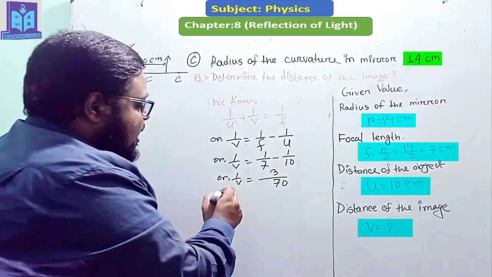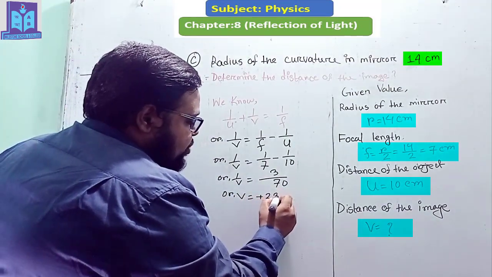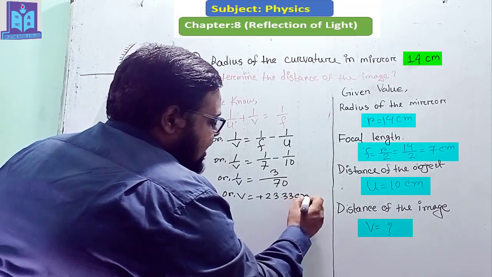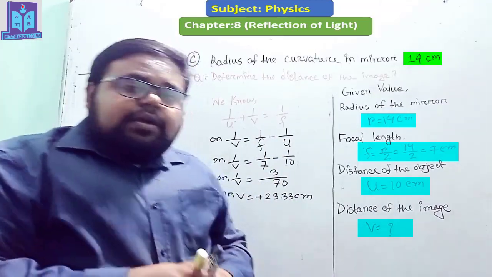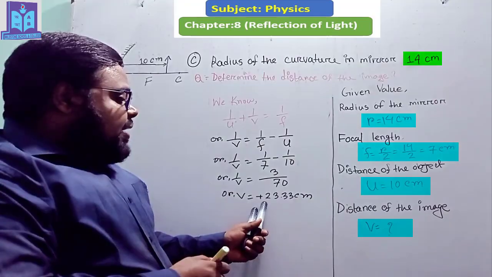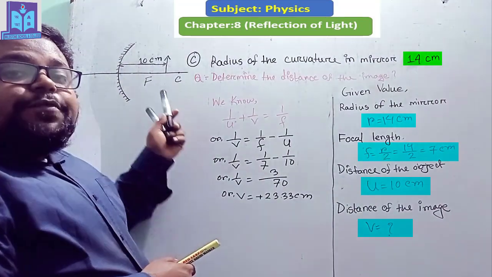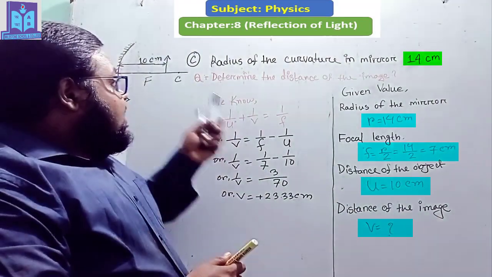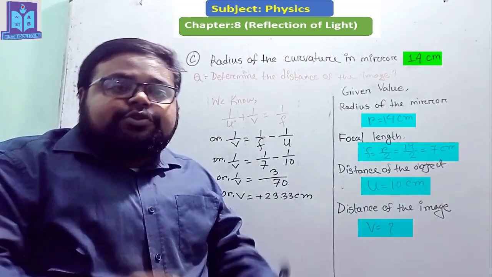So the value of v will be plus 23.33 centimeter, and the answer is plus. Here you can see the answer is plus, which means the image will form in front of the mirror. That means the image will form on the same side where the object is situated.